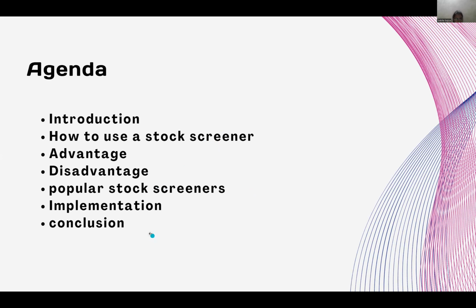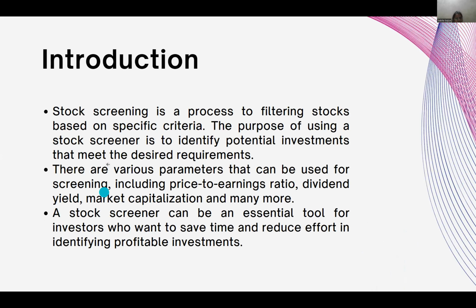Let's see the introduction. Stock screening is a highly efficient process that allows investors to filter stocks based on specific criteria like price to earning ratio. The purpose of using a stock screener is to identify potential investments that meet the desired requirements. A stock screener offers a wide range of parameters that can be used for filtering stocks.